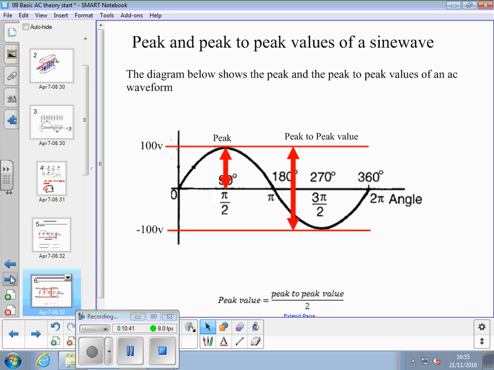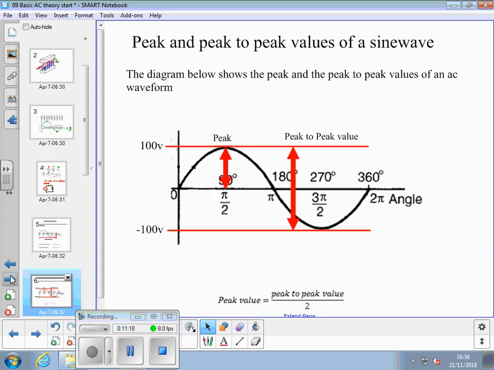Peak to peak really has no scientific value whatsoever, but when you measure a waveform on an oscilloscope, it's much easier to measure peak to peak and halve it to get the peak value. Sometimes in hi-fi specifications you'll see things specified peak to peak. Really, that's not a valid specification because the waveform is never supplying 200 volts. It's only ever supplying a maximum of 100.